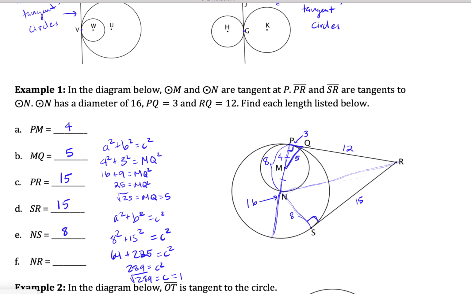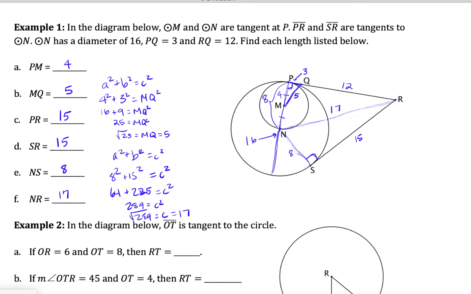And the square root of 289 is 17. So this is an 8, 15, 17 Pythagorean triple. My length of NR is 17. So that's example one. It was kind of interesting that there was so much information that we could take from this diagram based on just knowing this bit of information up here.